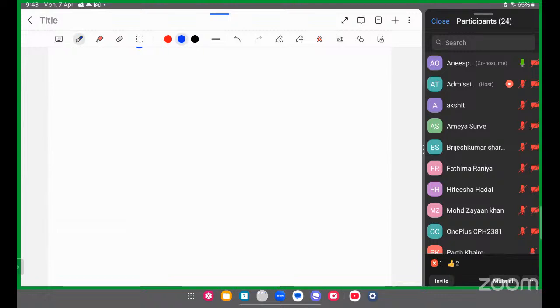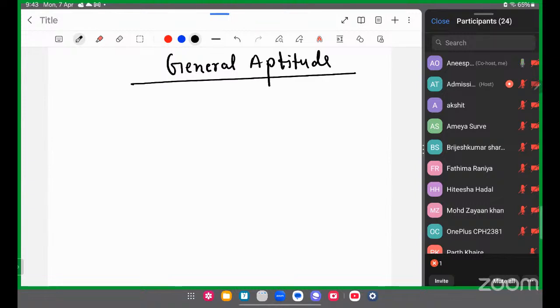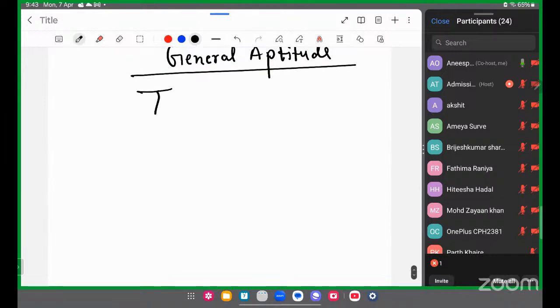Now, we are left with only one thing, that is general aptitude. In general aptitude, we will do an interesting topic known as time and work.